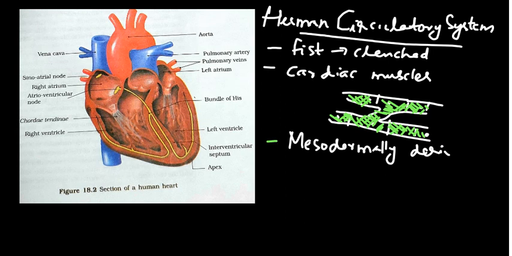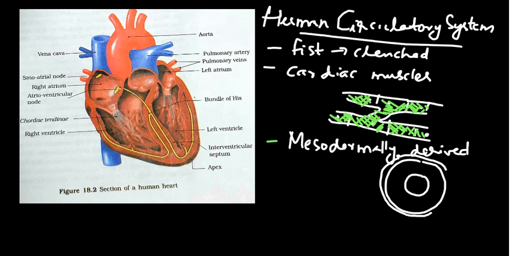Mesodermally derived means the embryonal tissues are endoderm, ectoderm, and mesoderm. This is the endoderm, and then the outermost layer of tissues is called ectoderm.